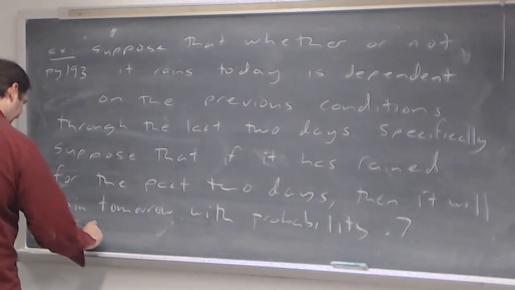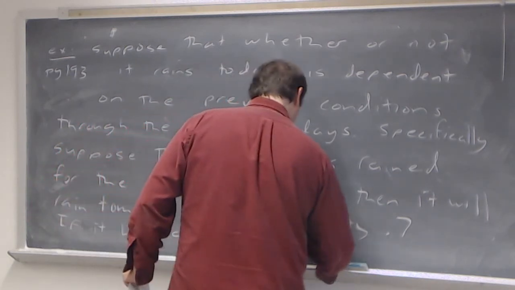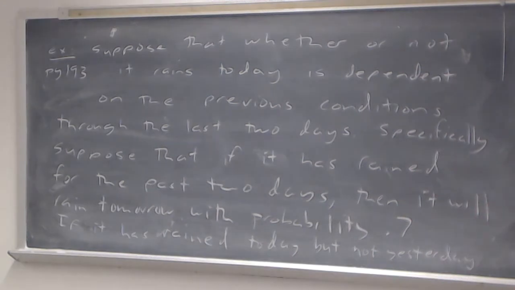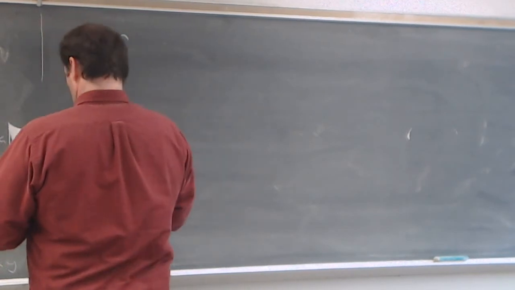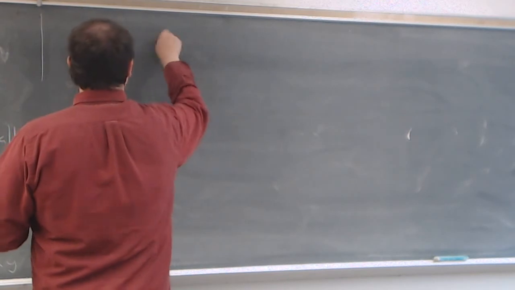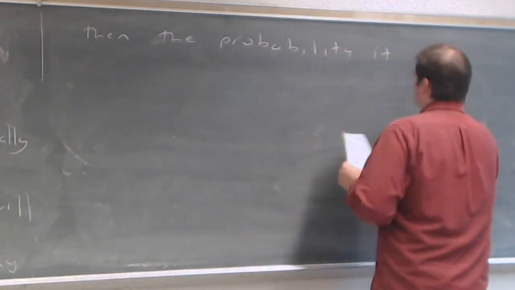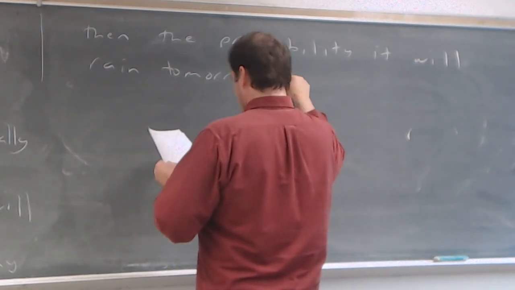If it has rained today, but not yesterday, then the probability it will rain tomorrow is 0.5.